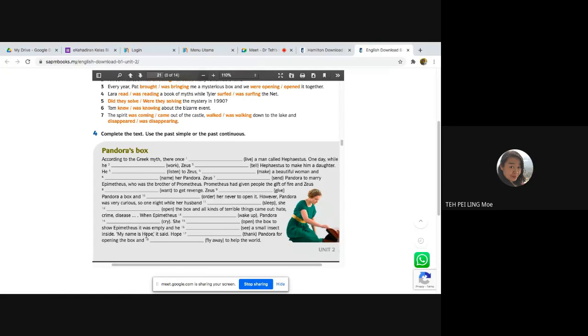Looking at this word hope, I just recall my former English teacher invited me to give a talk next month. He told me the topic of my talk is hope. I said, hope?